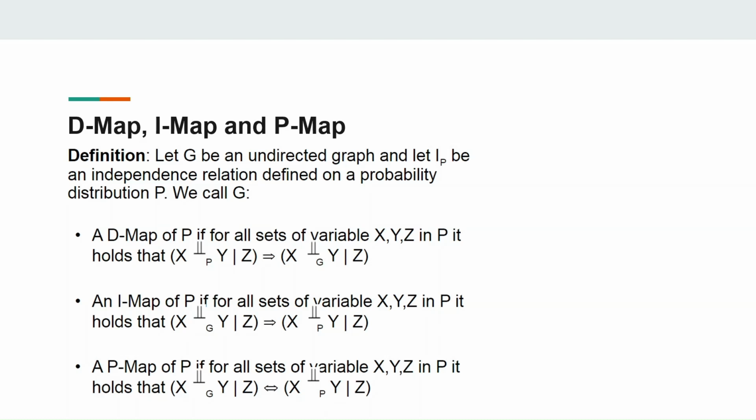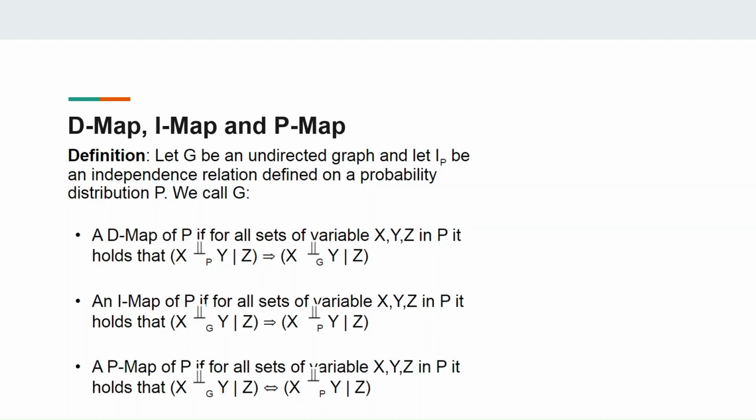A D-map basically says if anything is independent in the distribution, it's shown as independent in the graph. An I-map shows if anything that's independent in the graph is independent in the distribution. And a P-map says, okay, basically both of them taken together. So if something is independent in the graph, it's independent in the distribution, and vice versa.